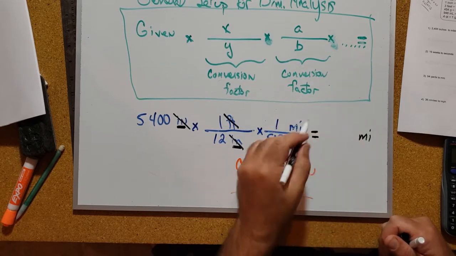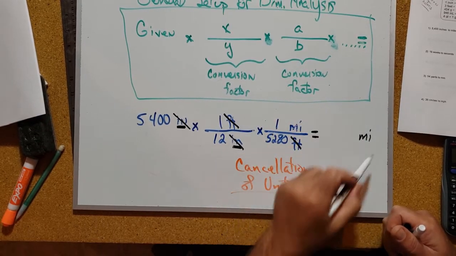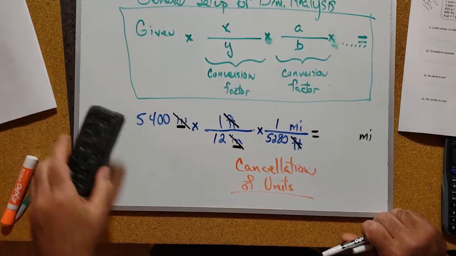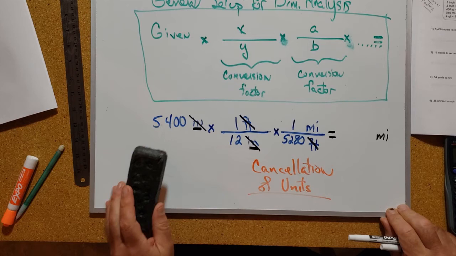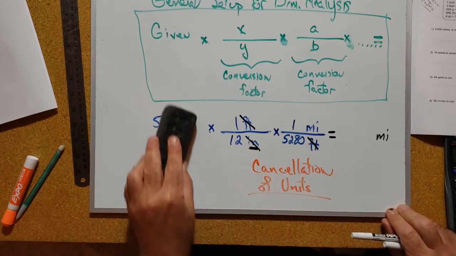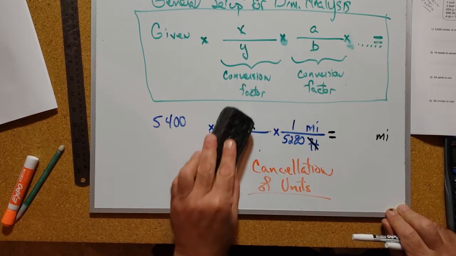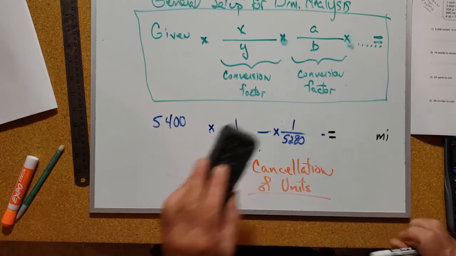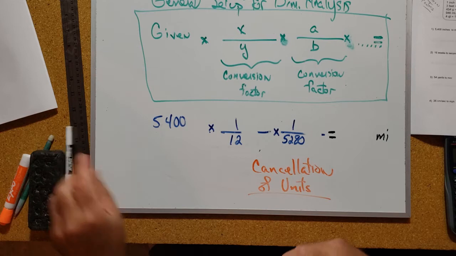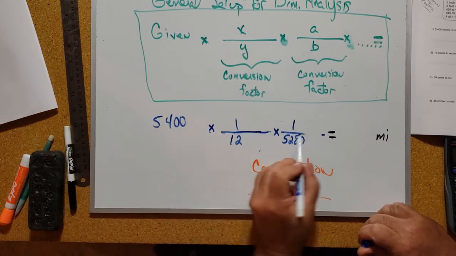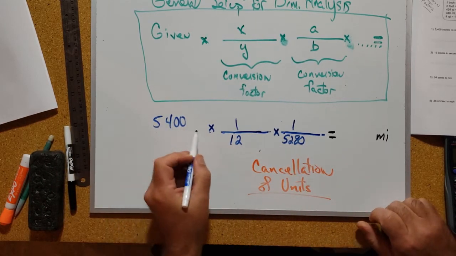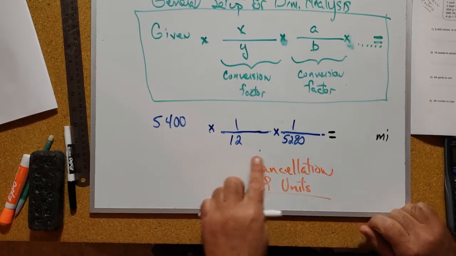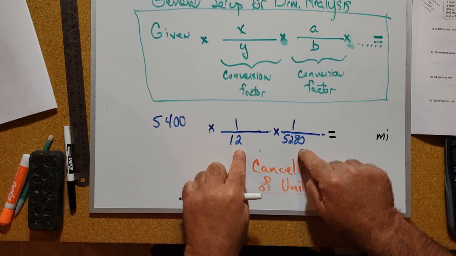Now, what about the front? What about the number that goes in front of miles? Well, the number that we get to go with miles, let me just do some erasing here. Let me just ignore these units for a second. What I'm left with now here is really one number multiplied by another multiplied by another. Now, these last two numbers are in fractional form.